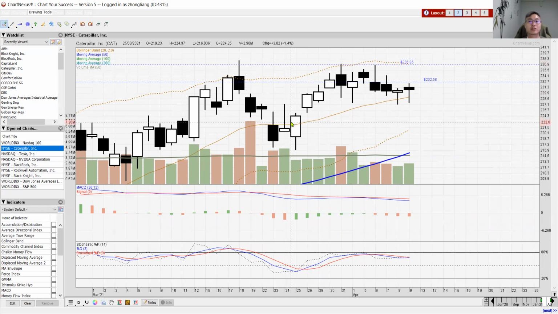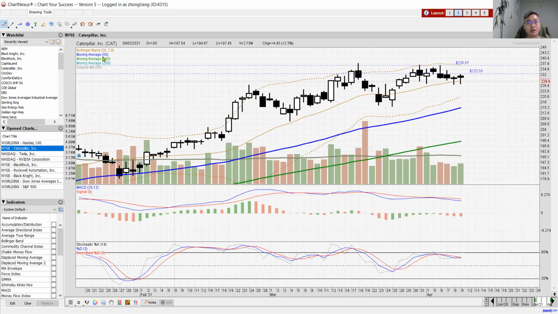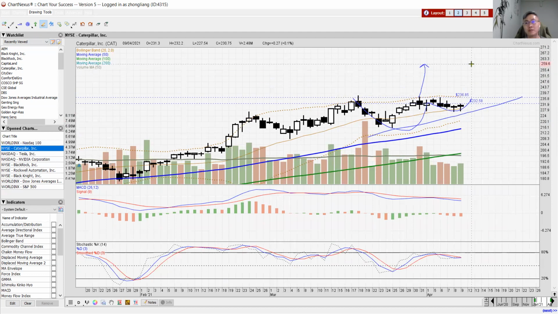I'm not aiming for 236 as a profit target, but rather as an overall chart where this counter is going to form a cup and handle formation or ascending triangle formation. As it breaks up, then we are looking at a higher level at about 259 or 260 level. Okay, so the stock is still very much in uptrend, and this is where we can consider moving in, this window of opportunity.